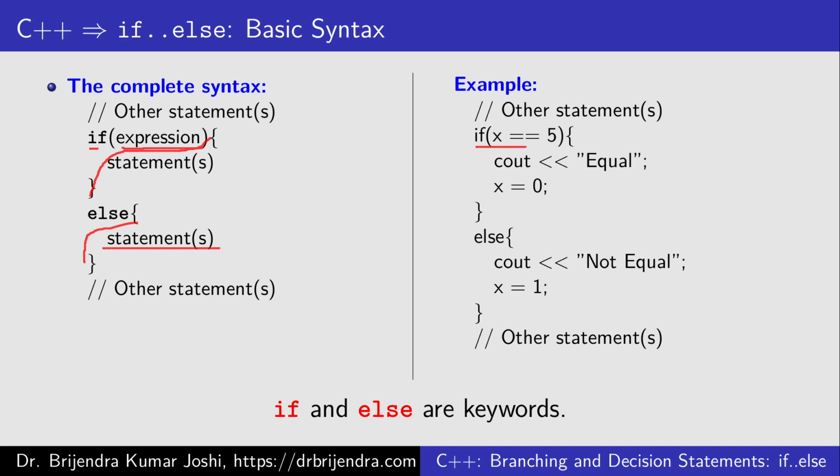If the value of x is equal to 5, then it will print this, assign this, then if terminates here, and this else block will not be executed. And remember, if and else are keywords. It means they cannot be used for any other purpose except what they have been defined for.